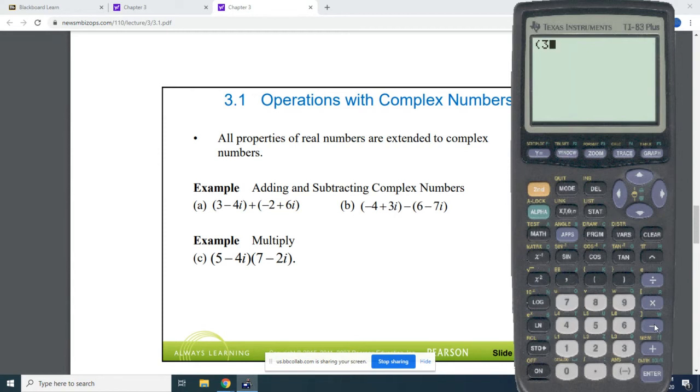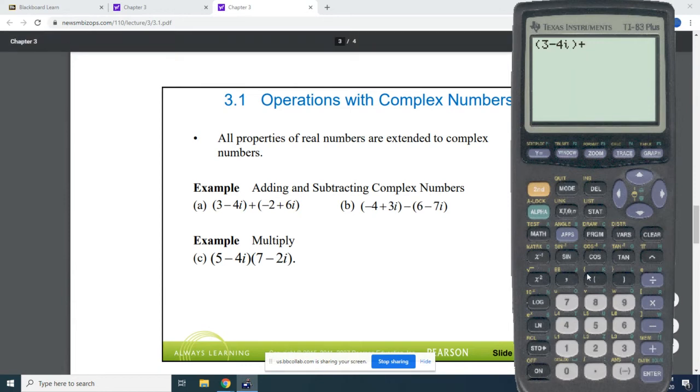Remember, there's a minus button and there's also a negation button. We're going to use the minus operation to subtract 3 minus 4i. On my calculator, I have this yellow i above my decimal point, so I'm going to hit second and my decimal point, and close off my complex number.